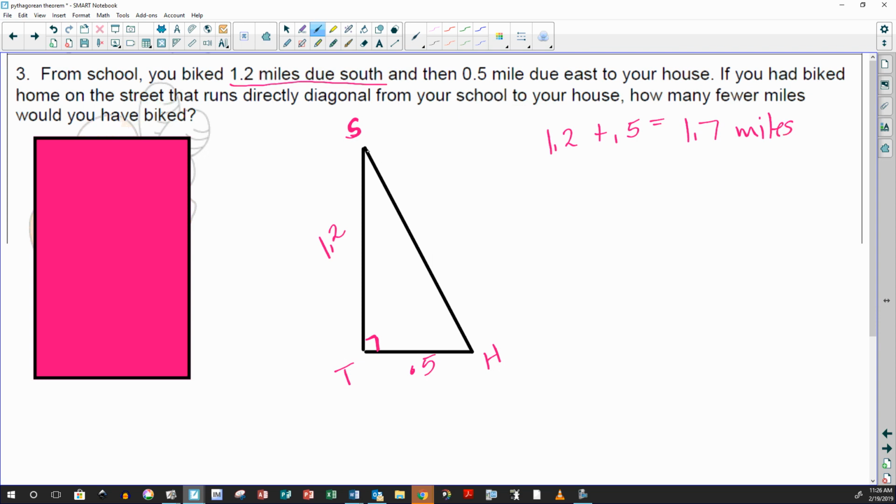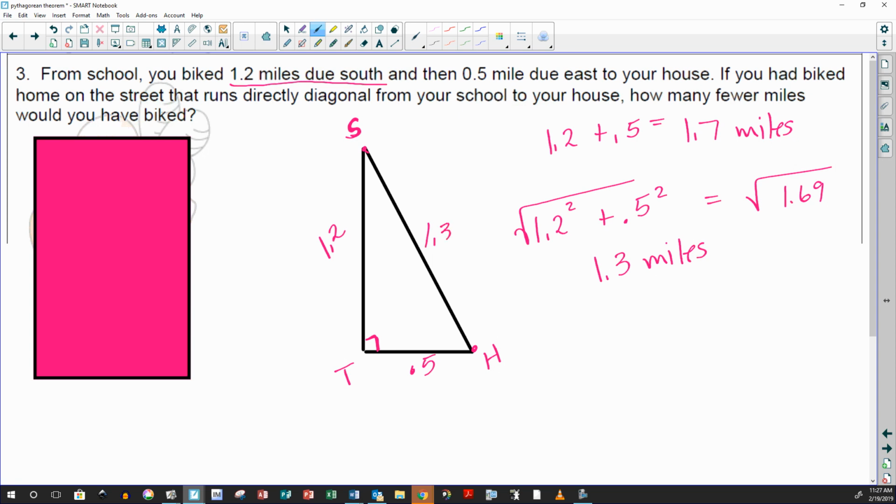How far would we have biked if we had just cut across? Now I've got to do the Pythagorean theorem. So 1.2 squared plus 0.5 squared, and since we're looking for the hypotenuse, we take the square root. That's the square root of 1.69, so that would be 1.3 miles.